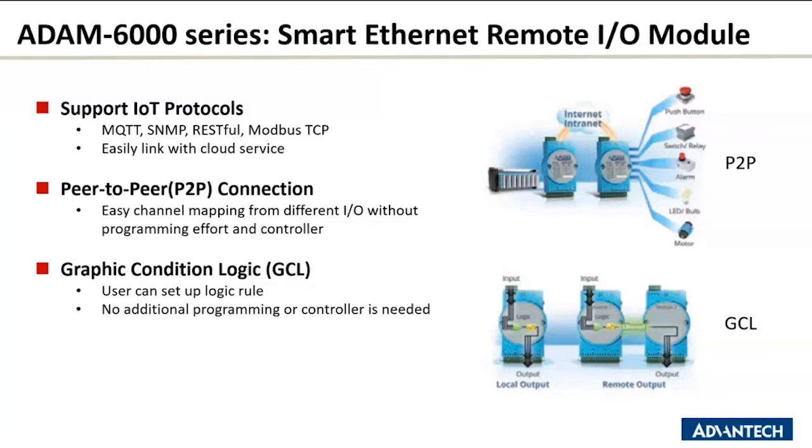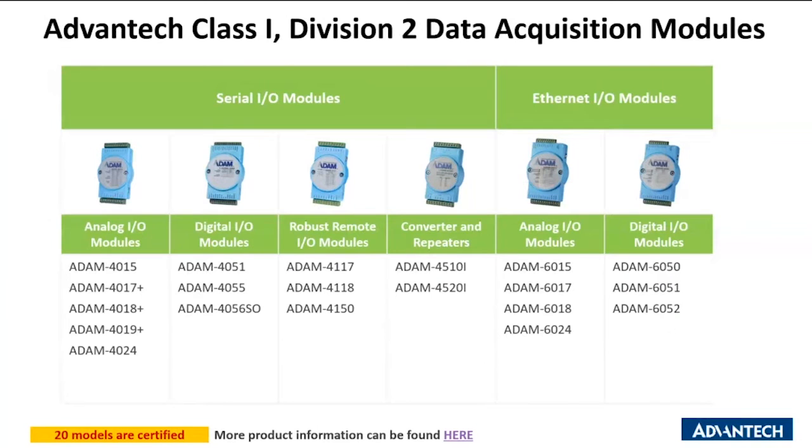Before, the ADAM-6000 series supported EtherNet/IP, but now we have launched some new products which support IoT protocols to help customers collect data and upload the data to the cloud more easily. Here we have two kinds of I/O modules: serial I/O modules and Ethernet I/O modules. And below is the list of products we have certified for the C1D2 standards.